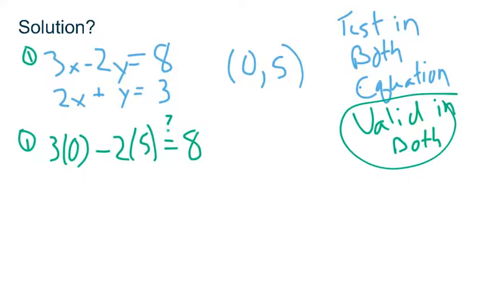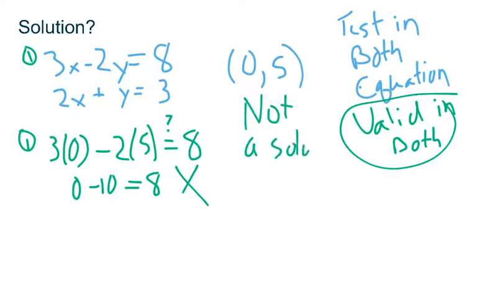Keep in mind, we're testing, so it's an equal sign with a question mark. As you can see, we have 0 minus 10. That doesn't equal 8. So this is not a solution. And that's all we have to do. We could stop right there, because if it didn't work for one, it doesn't matter if it works for the other. It's a moot point at that point.